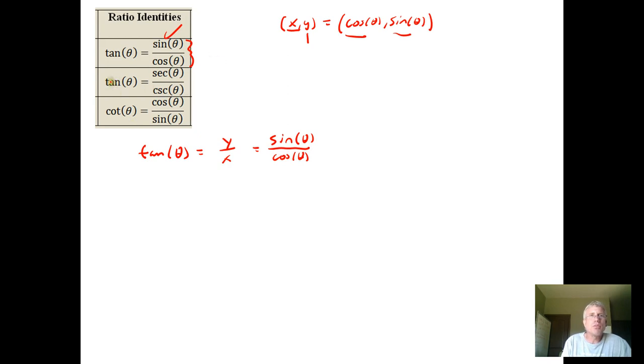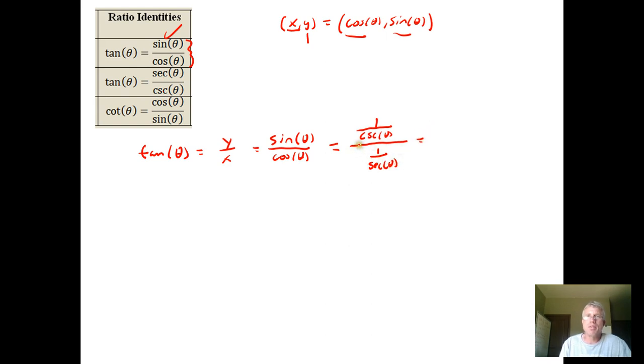And then if we want to demonstrate that the tangent of theta is always the same as the secant of theta over the cosecant of theta, we can think about what the sine equals. Well, on the previous slide we said the sine is the same as 1 over the cosecant of theta, all over the cosine, which is the same as 1 over the secant of theta.